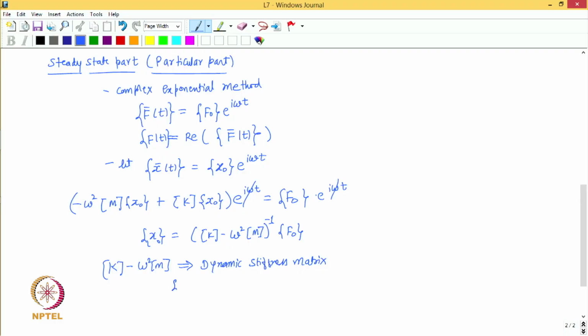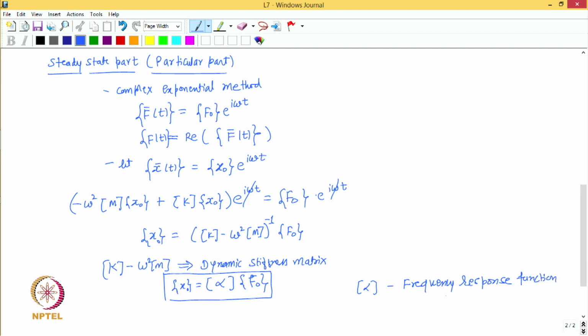And then we can write the amplitude vector as alpha times f naught, and here the matrix alpha is called the frequency response function matrix.